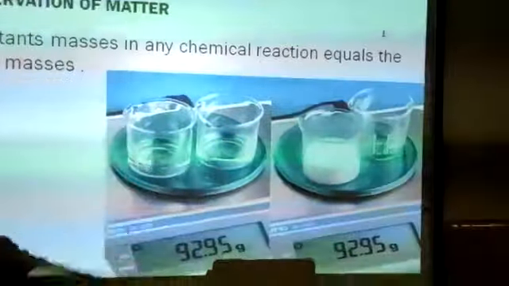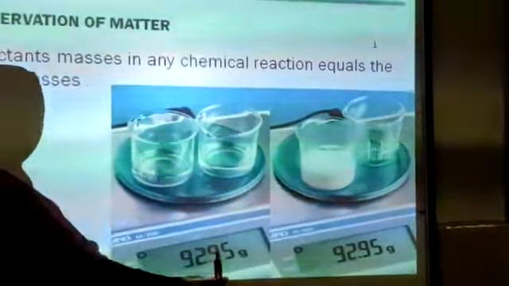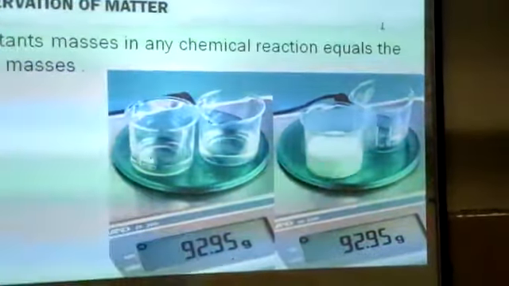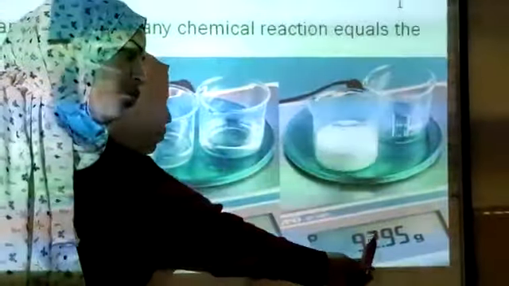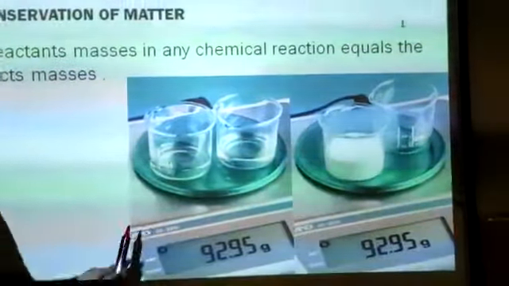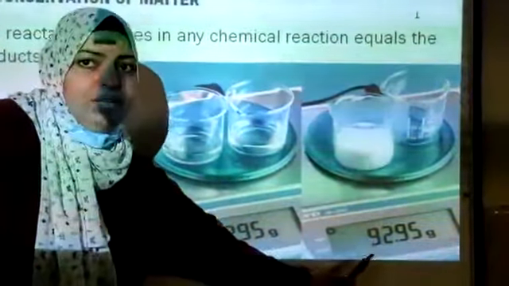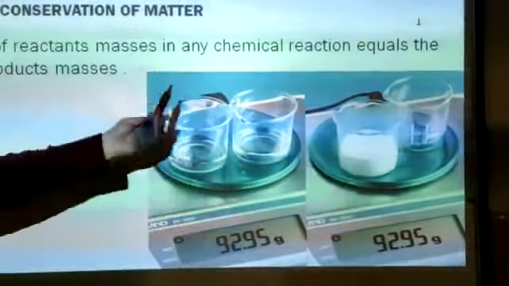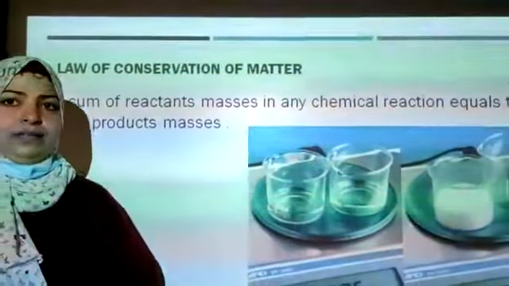The mass of reactant equals 92.95 gram and the mass of product 92.95 gram. So the mass of reactant equals the mass of product. So this reaction achieves the law of conservation of matter. Okay?